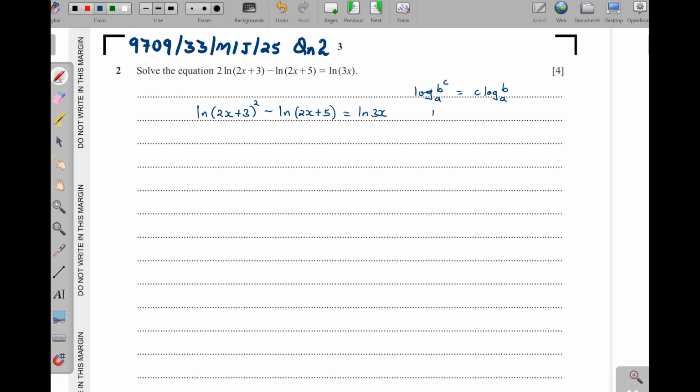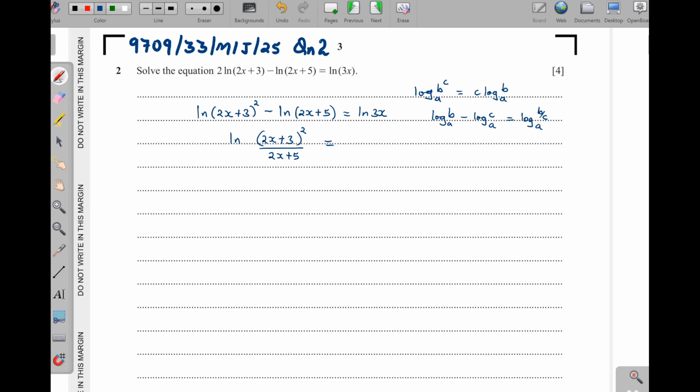That is all. If I have log of a plus log, which is minus log of c base a, then here, since the base is the same and it is subtraction, what do we do to the powers? We divide them, not so? Then this is going to be the same thing, 2x plus 3 squared, then we shall divide by the 2x plus 5, you see?